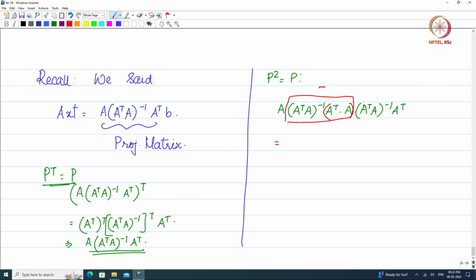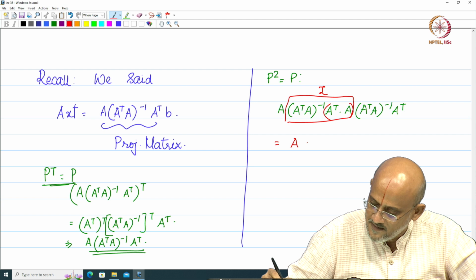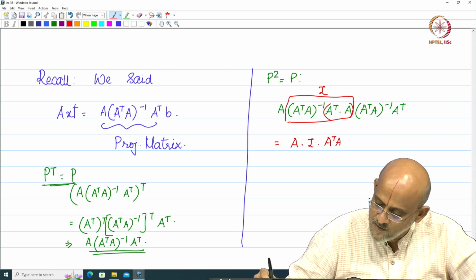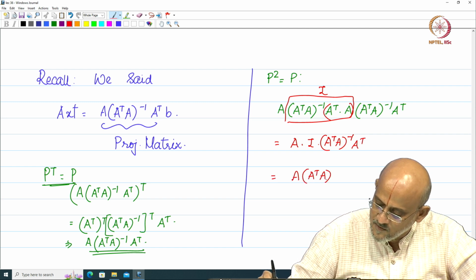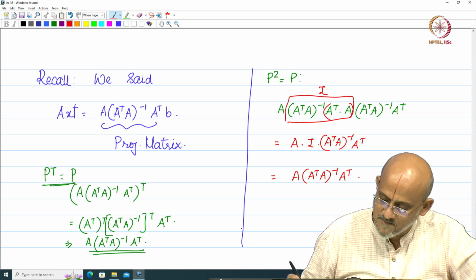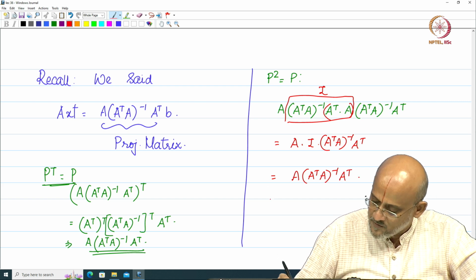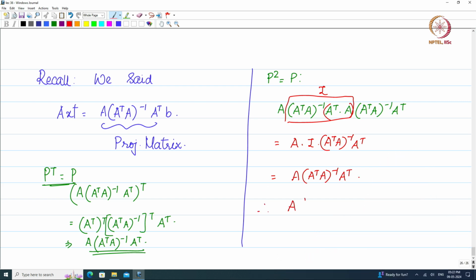So we are going to get A into identity matrix into A transpose A the whole inverse A transpose, which is the same as A into A transpose A the whole inverse A transpose. Therefore this matrix A into A transpose A the whole inverse into A transpose is a projection matrix indeed.